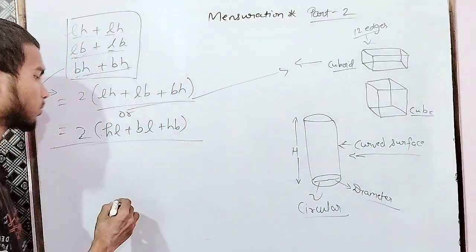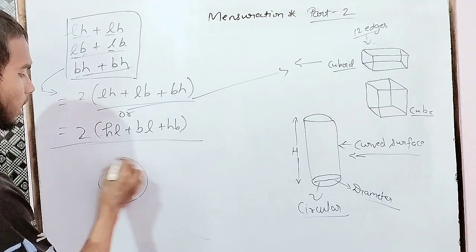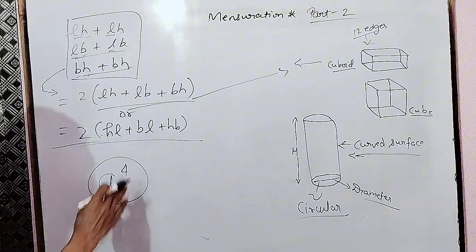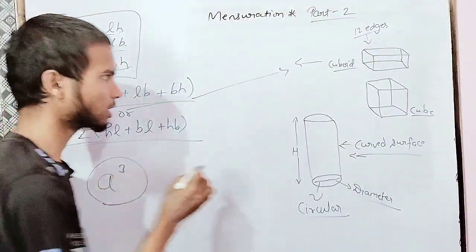That's why we write what? A4. Am I correct? A cube would be A cube, isn't it?